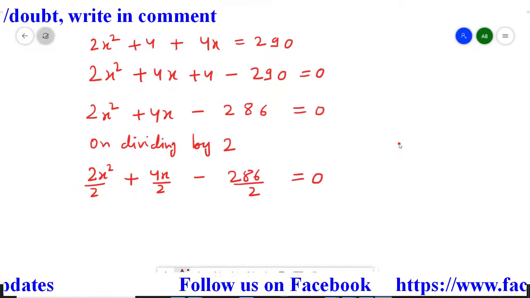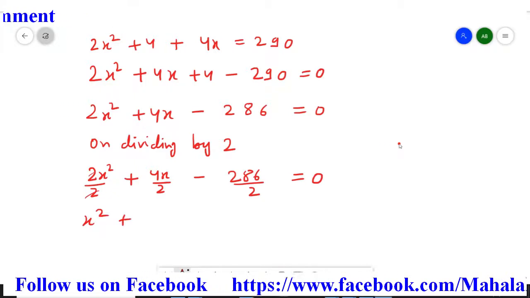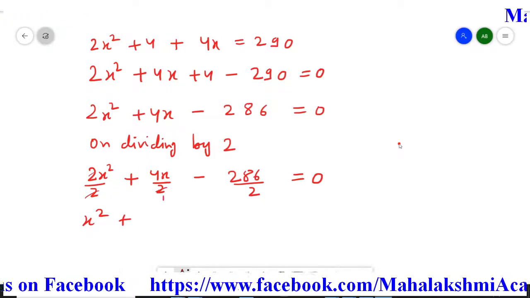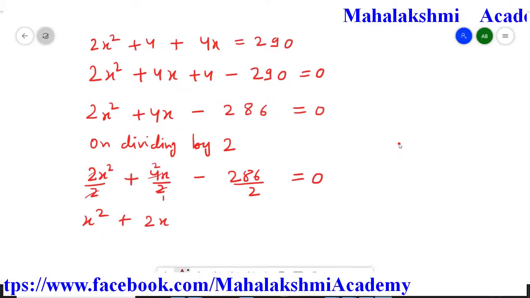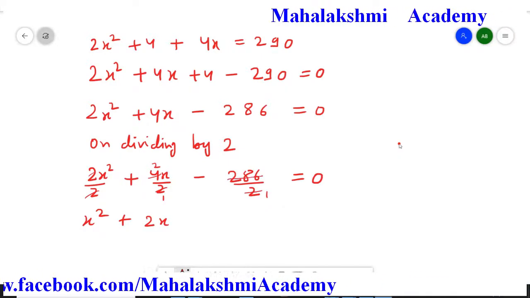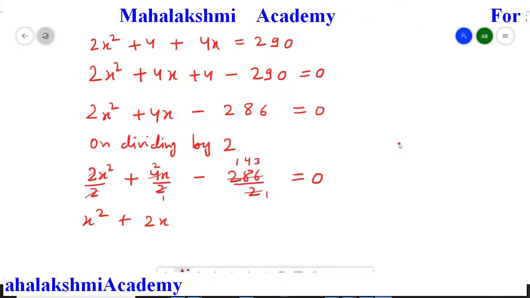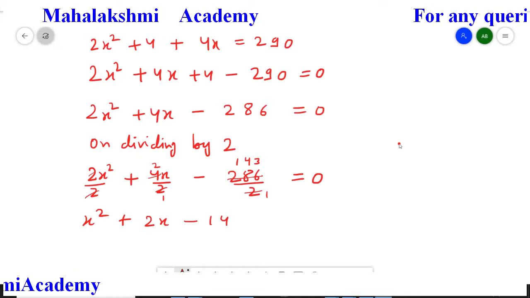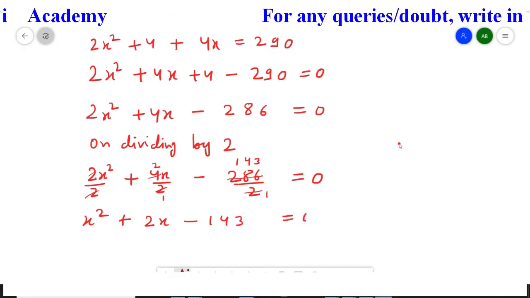When we divide, 2 will cancel by 2, so we obtain only x square. Here also 2 ones are 2, 2 twos are 4, so we get only 2x. And here 2 ones are 2, 2 fours are 8 and 2 threes are 6, so we get minus 143 is equal to 0.